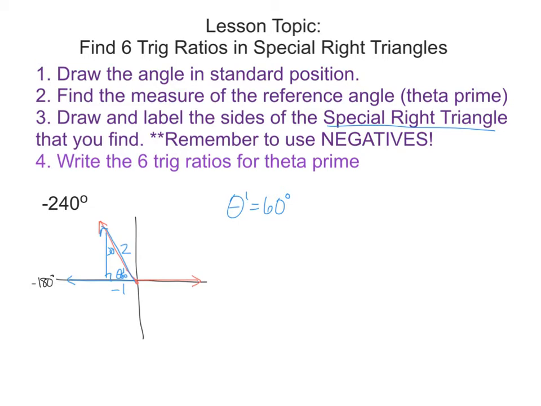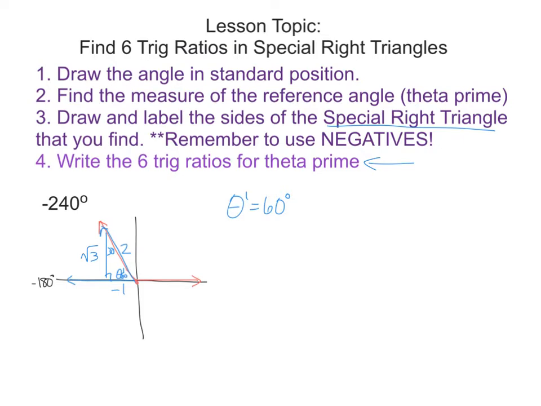Which one? We're moving up, so that's positive, so we'll keep square root of 3 positive. So we've labeled our triangle, and that is where we left off in the previous lesson, and now we are going to write the 6 trig ratios for theta prime.